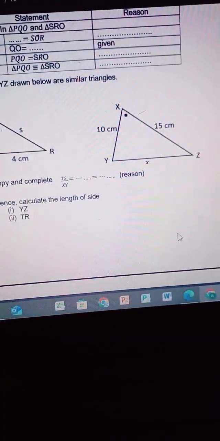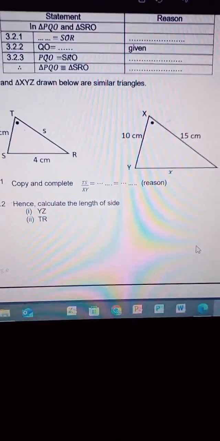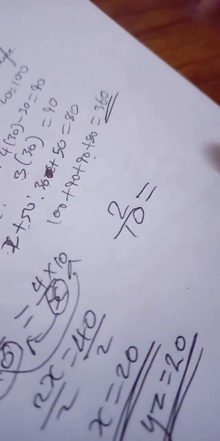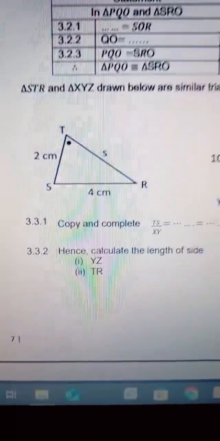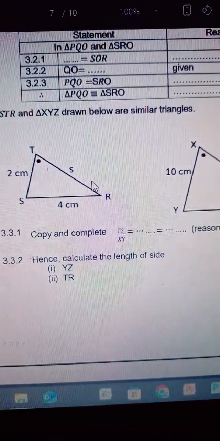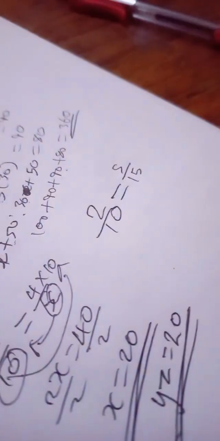Next, calculate S. We use the same ratio, so it's 2 over 10 is equal to S over 15.